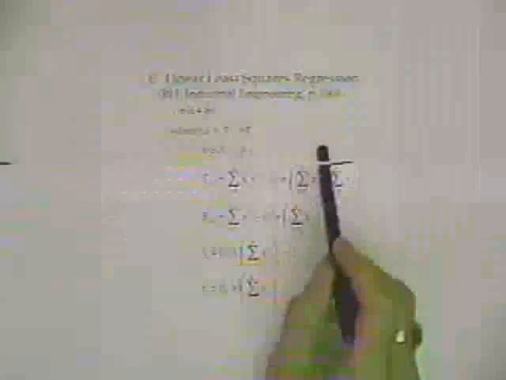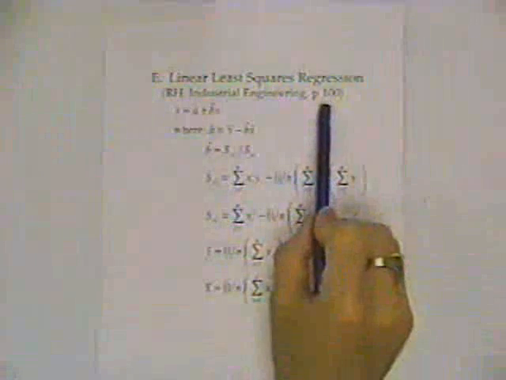It would supposedly then not be something found in the afternoon session except for those people taking the industrial engineering exam, but it is reported to have shown up, so I just want to alert you to the fact that if you see a problem dealing with linear regression and you just don't happen to remember all those formulas, they're in the book, but they are found in the section on industrial engineering, and it's found on page 100.